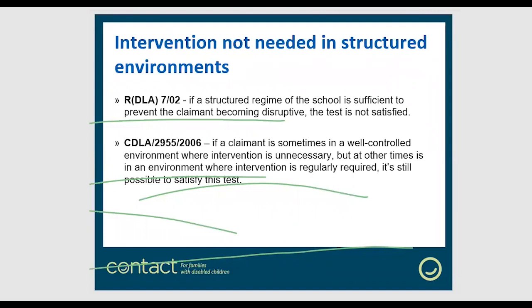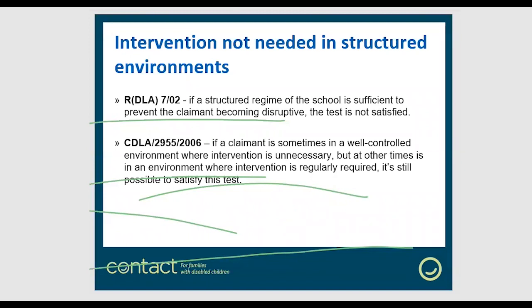Now, Marion had mentioned earlier the issue of intervention not being needed so much in certain structured environments, and whether you can qualify if your child's needs for restraint and watching over are not as pronounced in a school as they would be at home or elsewhere.